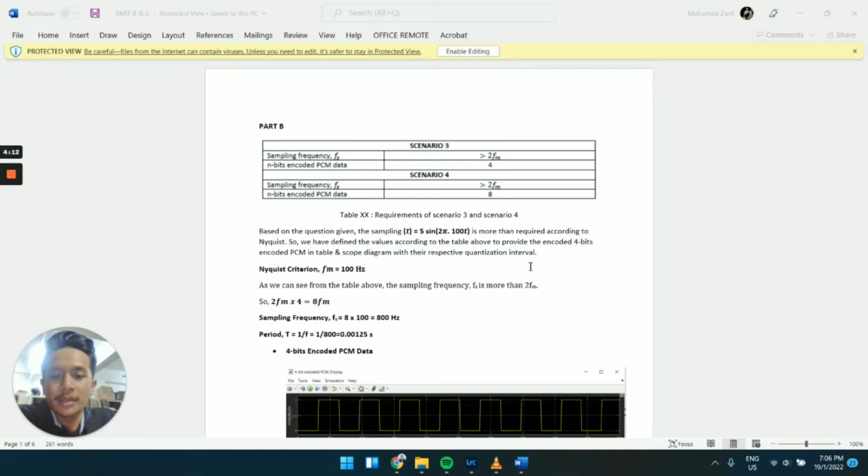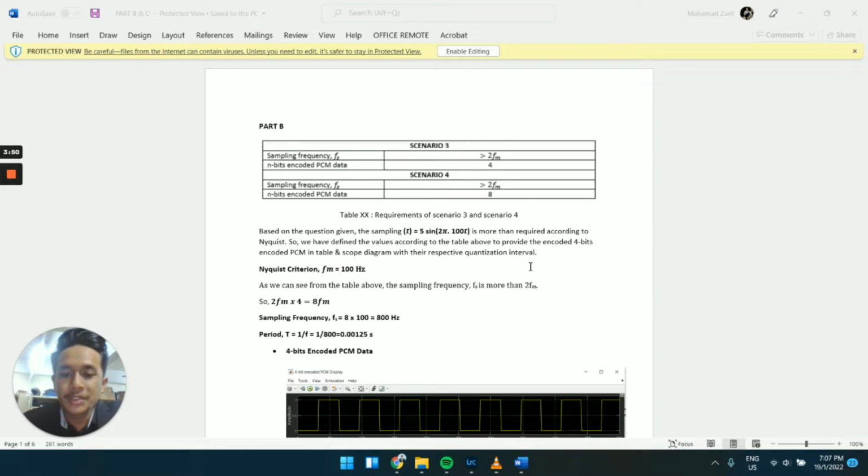So we define the values according to the table above, provided with the encoded 4-bit PCM in the table and the scope diagram with the respective quantization interval. For the Nyquist criterion, Fm is equal to 100 Hz.